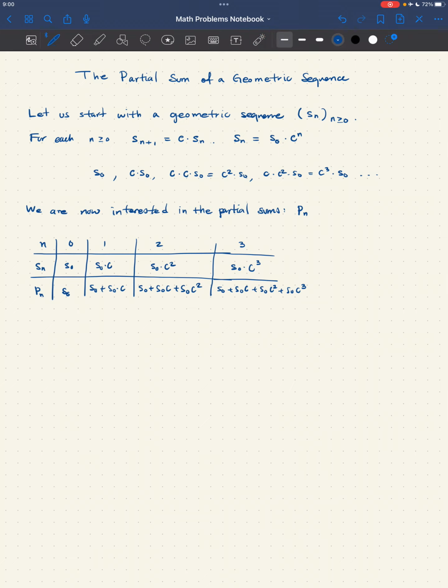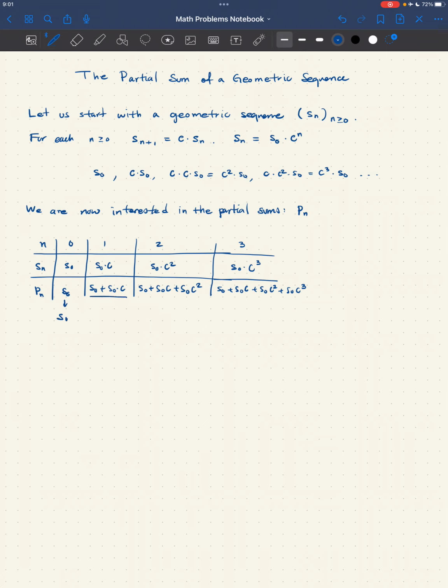So I see that among the terms that we have, S0 appears in each of the terms. The same happens for this, the same happens for this. So we may factor it out and obtain something a little bit more manageable. This one stays the same. This one is just S0.